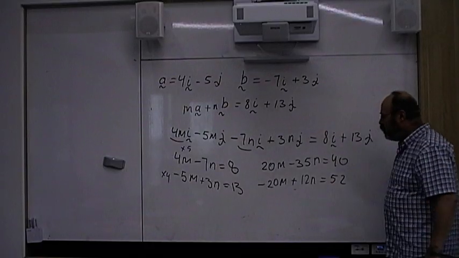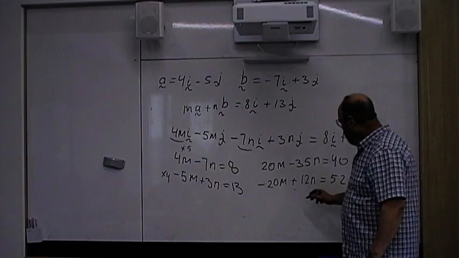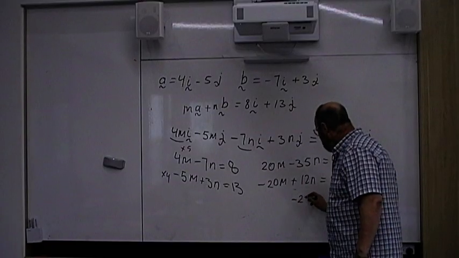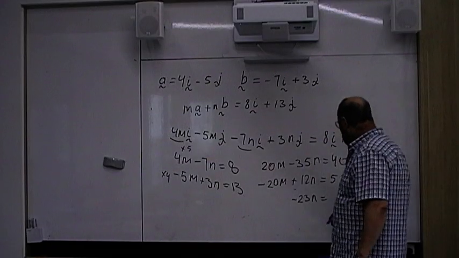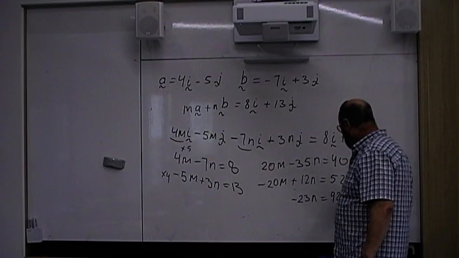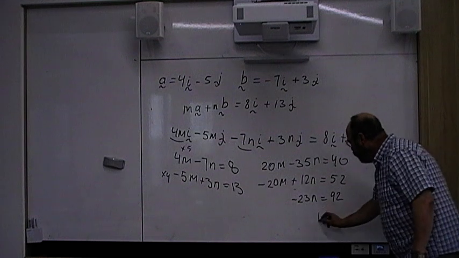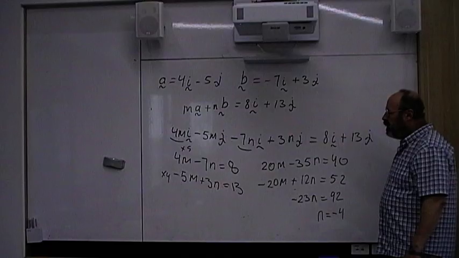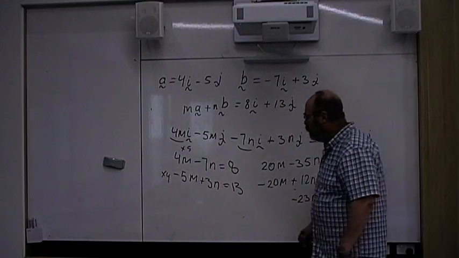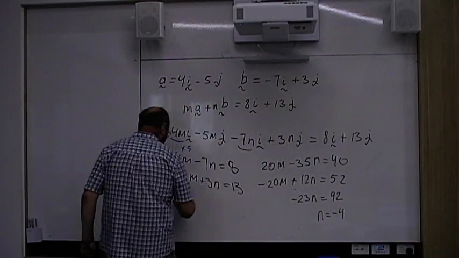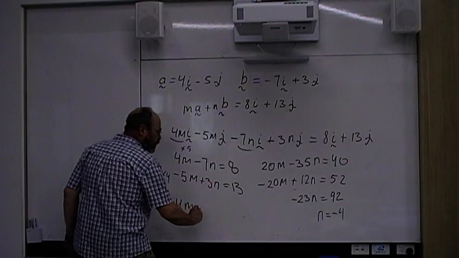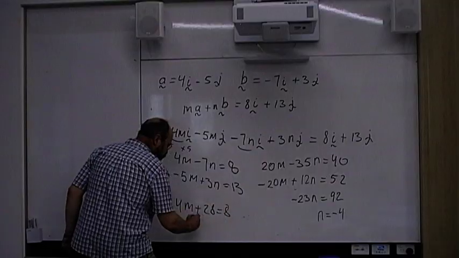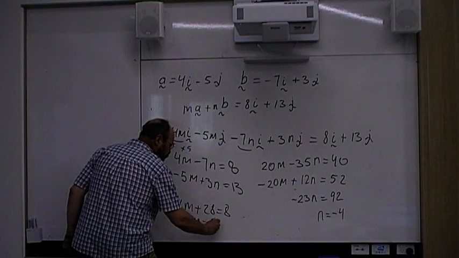We add them to eliminate m: minus 23n equals 92, so n equals negative 4. Then we substitute into 4m plus 28 equals 8, so m equals negative 5.